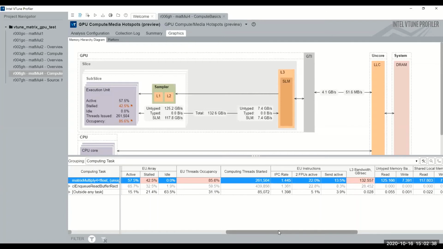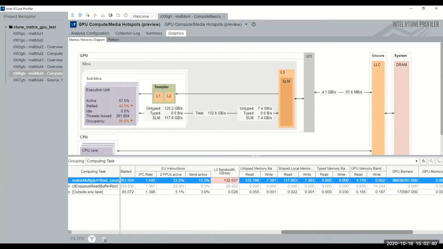And what you get in addition is the EU instructions. So it's only 22% of the time that both FPUs were executing actual real instructions, and the rest of the time they were either idling or used for send operations.